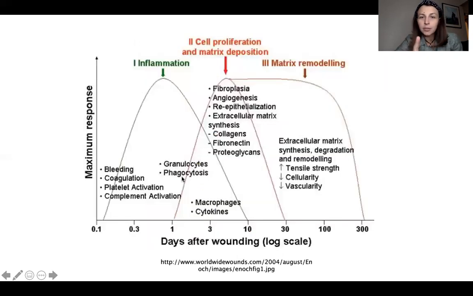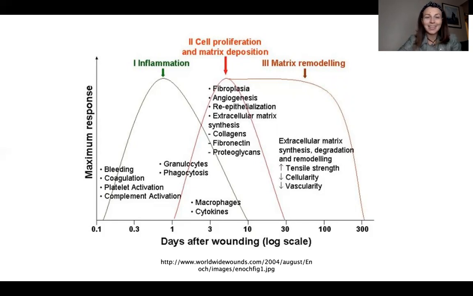The other thing that's cool is that this really does follow a specific timeline. The severity of an injury will affect how long it takes to heal. But when we're talking about a small puncture wound or a small abrasion in the dermal layer, we have this graph to help us see.